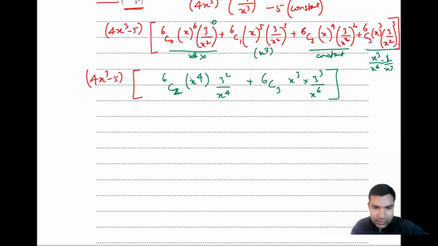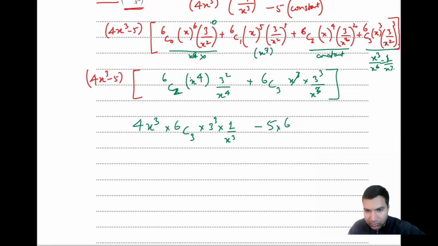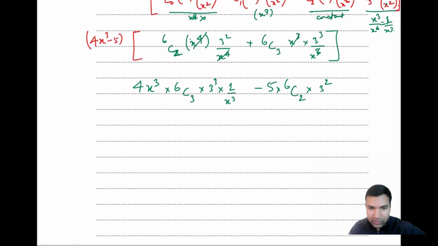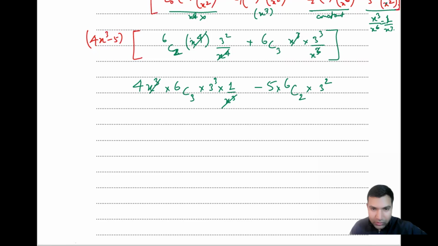Now if I multiply these terms, 4x cubed multiplied by 6c3, and this cancels out with cube. So this comes with 3 cube times 1 over x cube, and then minus 5 multiplied by 6c2 multiplied by 3 squared. Because x power 4 and x power 4 will cancel out from here. Now x cube and x cube cancel out.